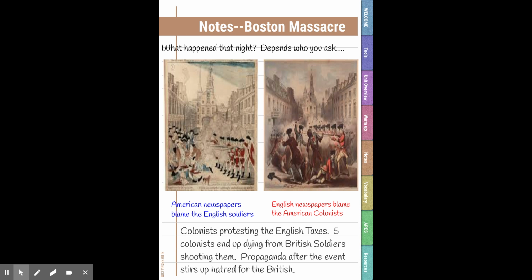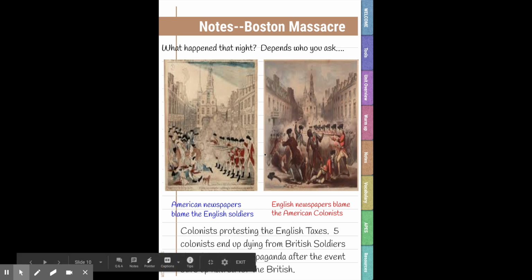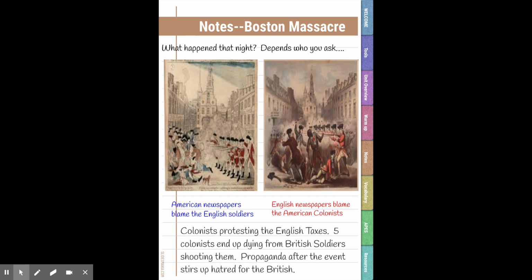Although only 5 people perished, Paul Revere created the Bloody Massacre, on the left. This is a sign of propaganda, and it started to encourage the colonists moving towards independence. So again, this is an example of propaganda.